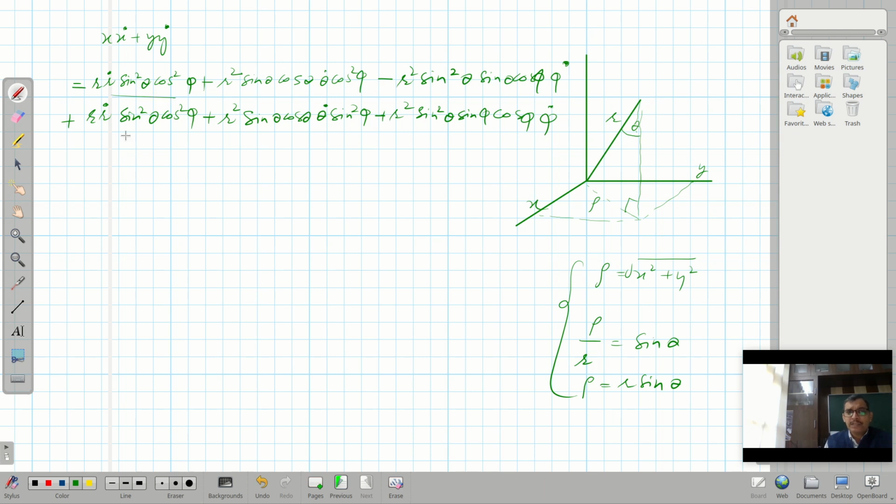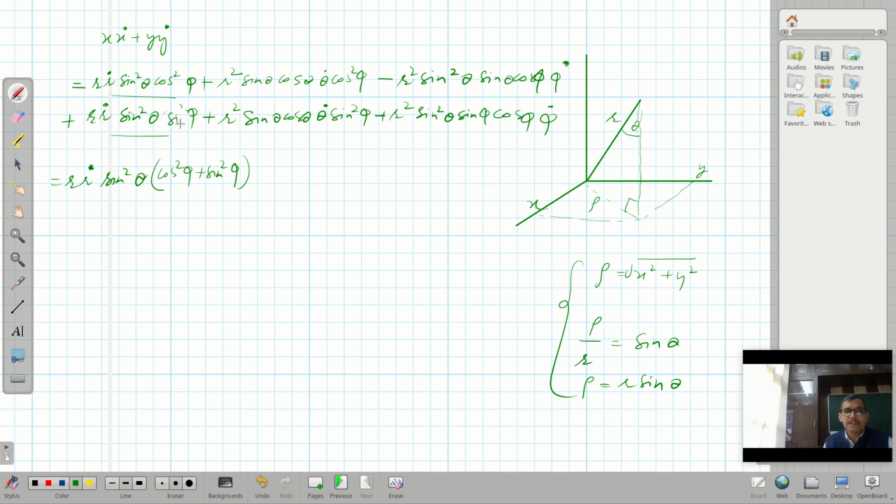And let me put these two terms together. So it can be written as r dot sine square theta, and inside it will be cos square phi plus sine square phi. I am mistaken, let me erase it.